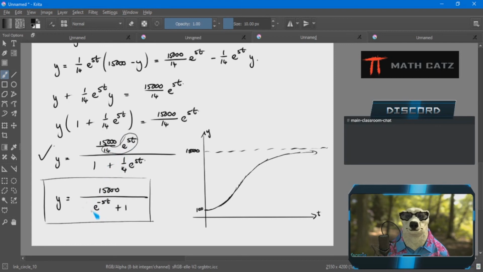When we divide by 14, it's throughout. We divide by 1 over 14 e to the 5t, so it becomes in the bottom 14 e to the negative 5t when I divide by 1 over 14.